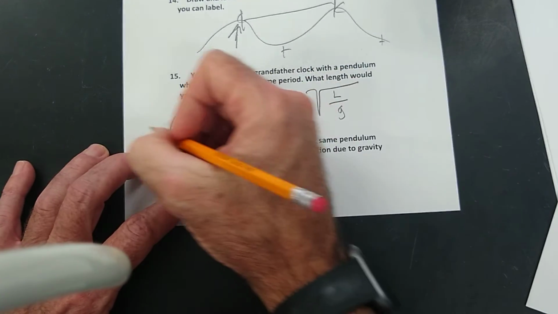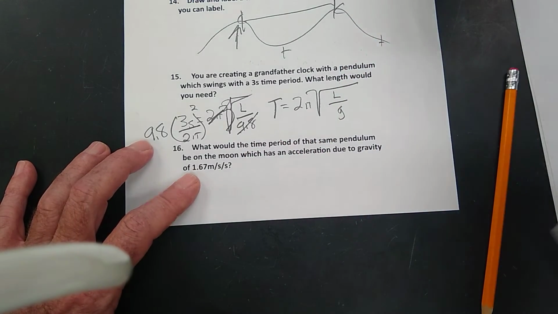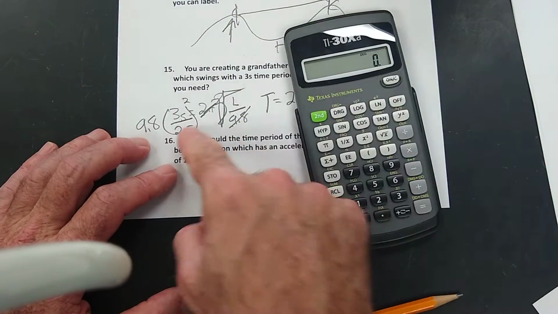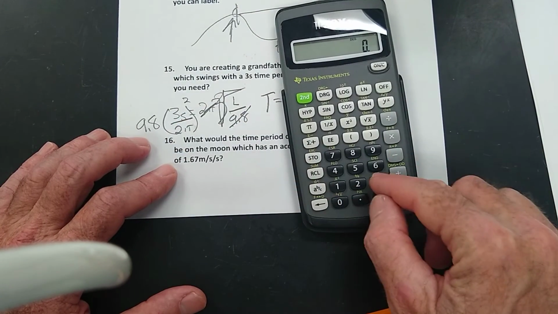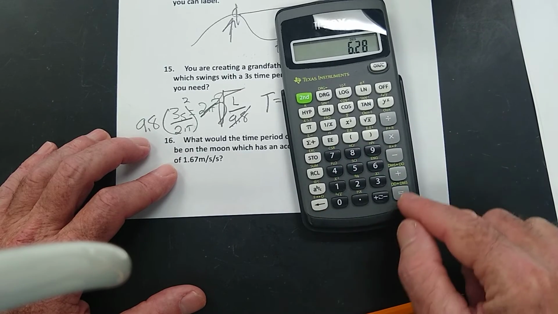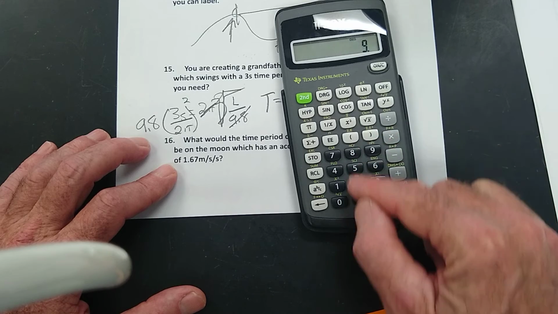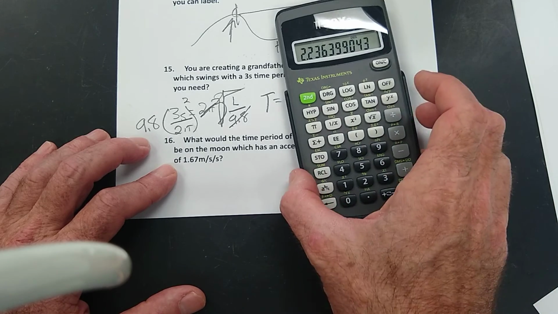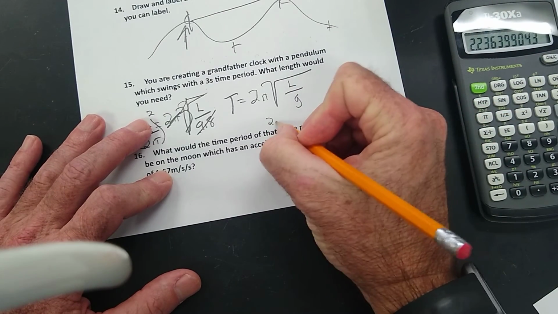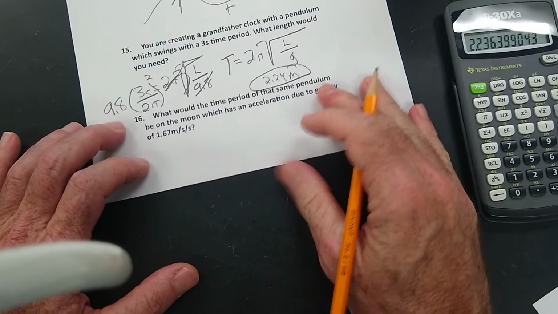And then times 9.8. So this is going to be 3 divided by 6.28 equals, squared, times 9.8. 2.23 or 2.24 meters is how long that pendulum would need to be.